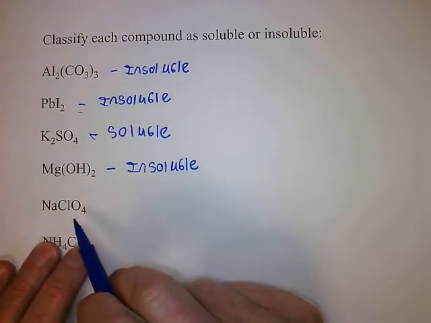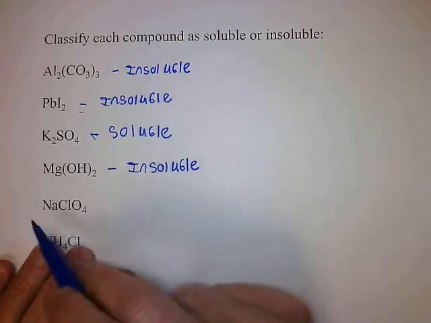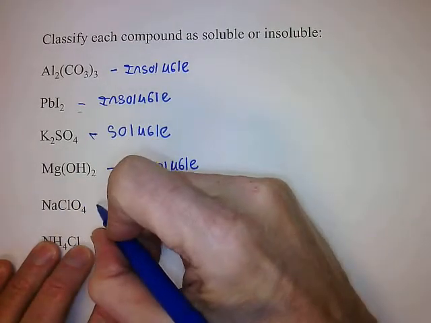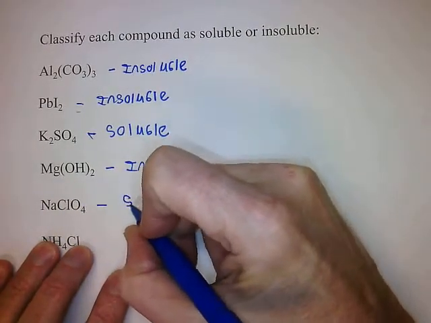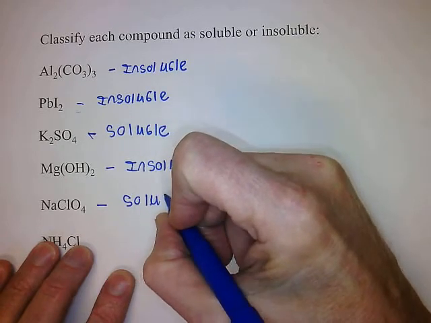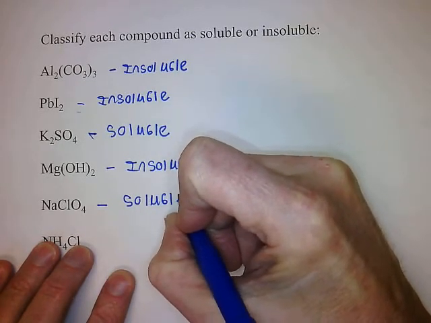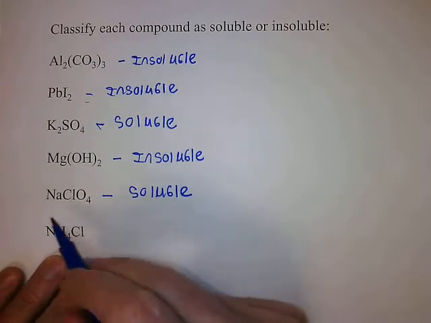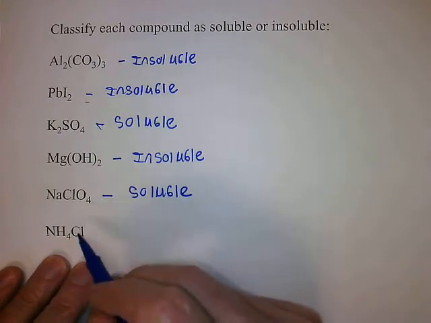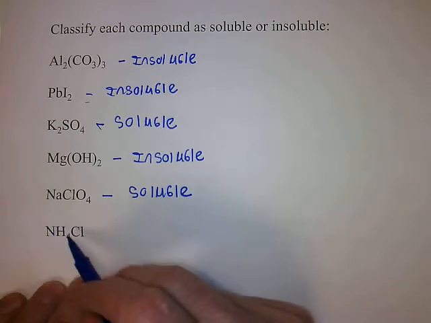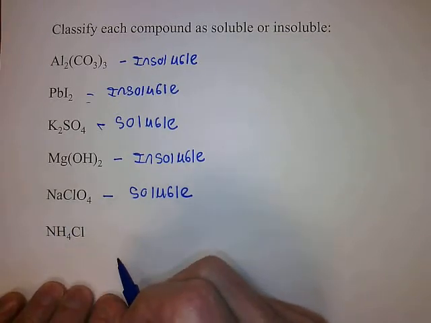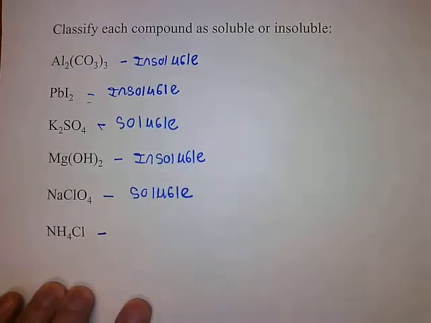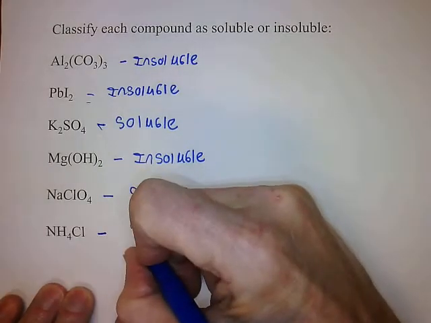One of our rules was that all perchlorates tend to be soluble, so that compound is soluble. Right, and then ammonium chloride. Well, chlorides typically tend to be soluble, and one of our rules was that all ammonium compounds are soluble, so that one is definitely soluble.